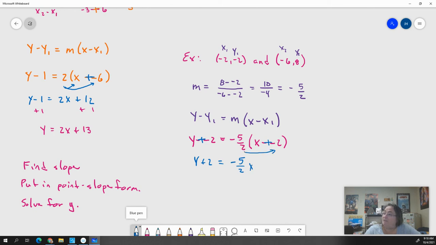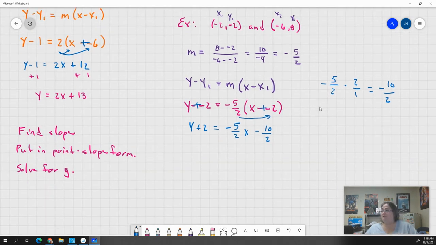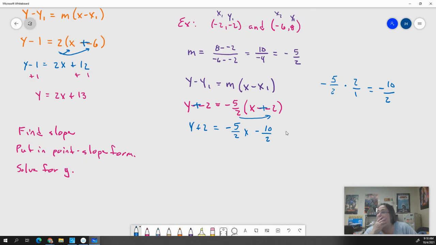Minus 5 halves times 2, well, that's like saying negative 5 times 2, which is negative 10 over 2. Right? So think about this. This is like saying minus 5 halves times 2 over 1, and it becomes negative 10 over 2. I can reduce this fraction, can I not? What's 10 divided by 2?